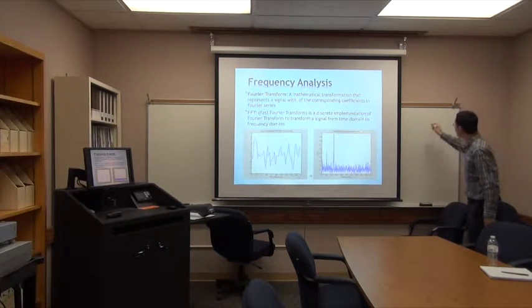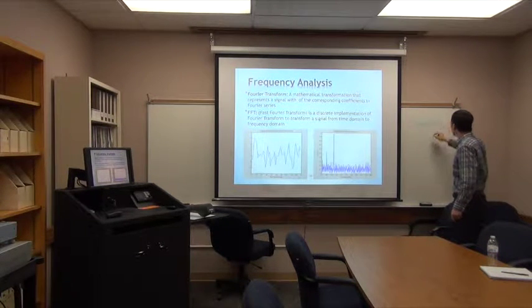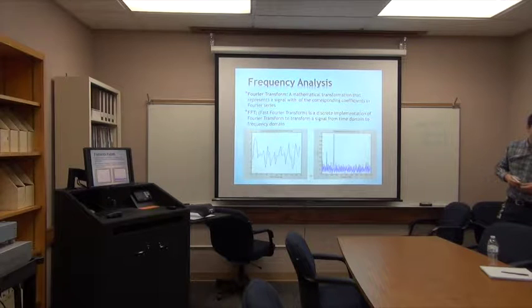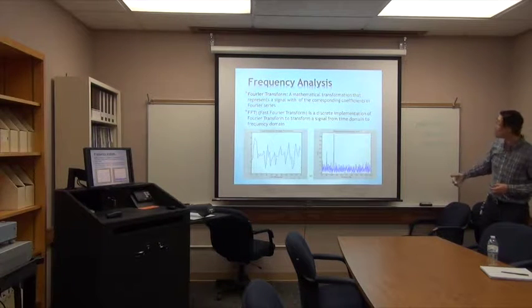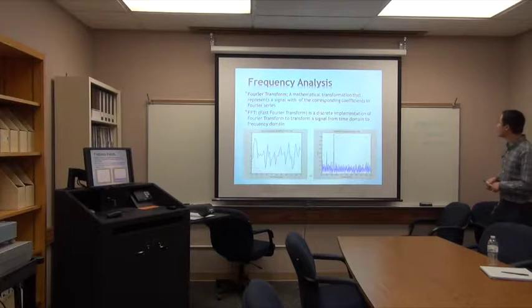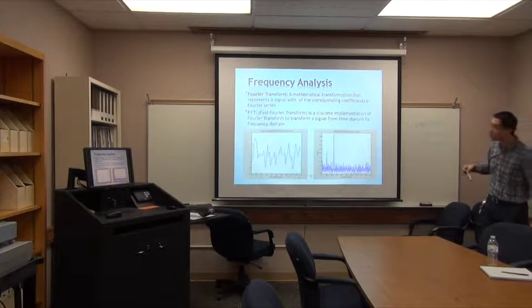For example, we say we have a signal with cosine 10t plus sine 100t plus cosine 20t. Then we have 3 different frequency content in there. And if you do a FFT based on this signal, and if you did it correctly, you should be able to get 3 clean peaks at those 3 frequencies.